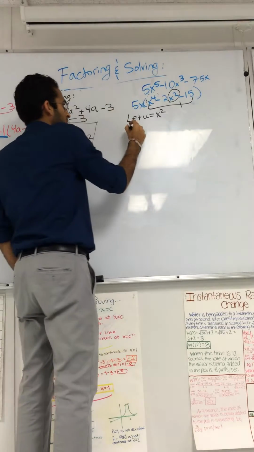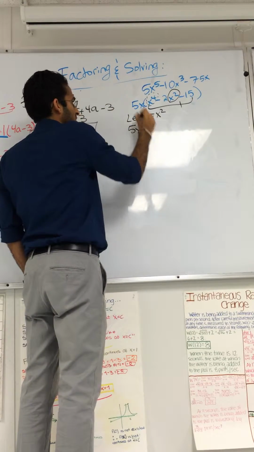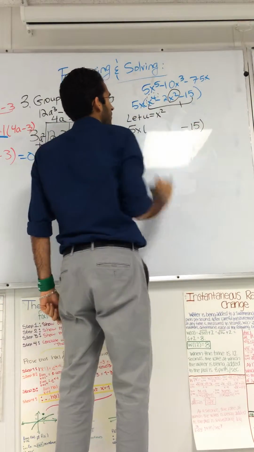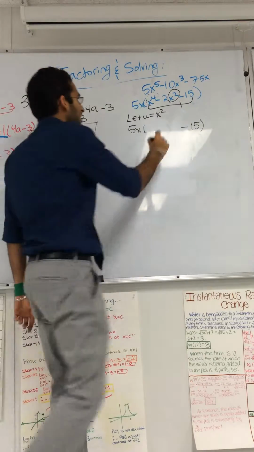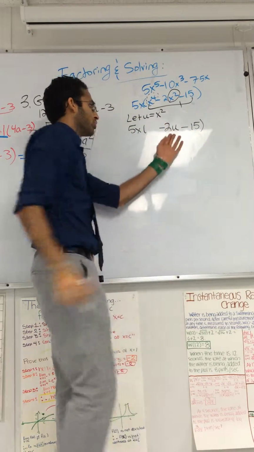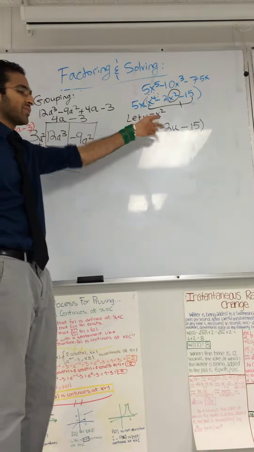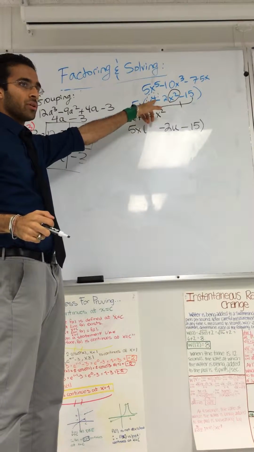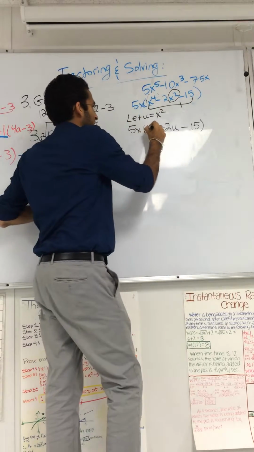So let's watch what happens. The 5x stays the same. The minus 15 stays the same. But instead of writing minus 2x squared, I could just write minus 2u, because u is the same as x squared. Let me go through the end then. So u is the same as x squared, and x to the fourth is really the same as this.